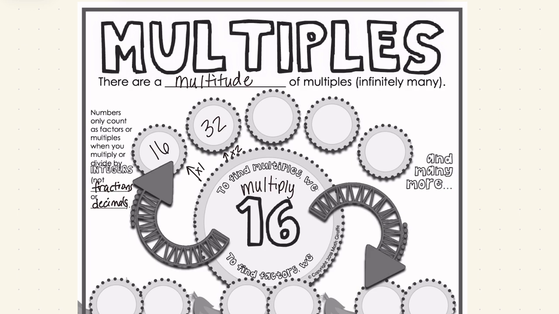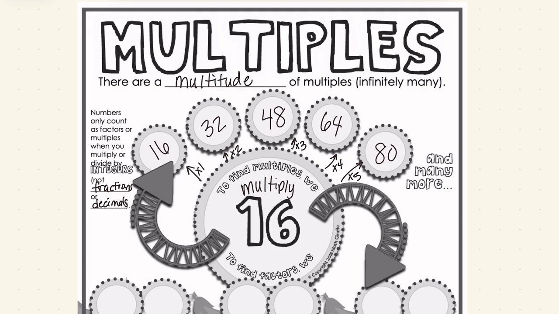So 32 is a multiple of 16. If I multiply by 3, I get 48. By 4, I get 64. By 5, I get 80. And then it just keeps going. It just goes on forever and ever. 96, 112, you get the picture.